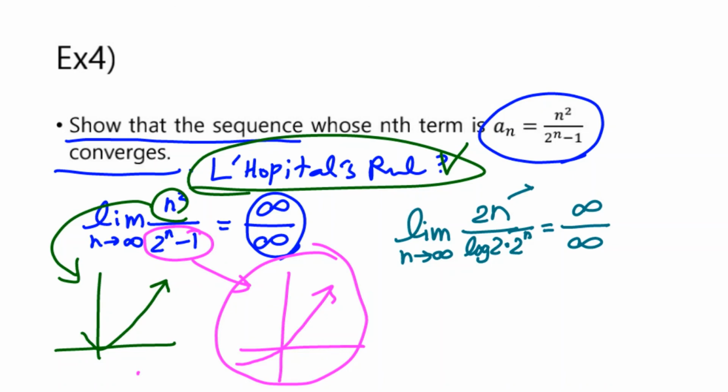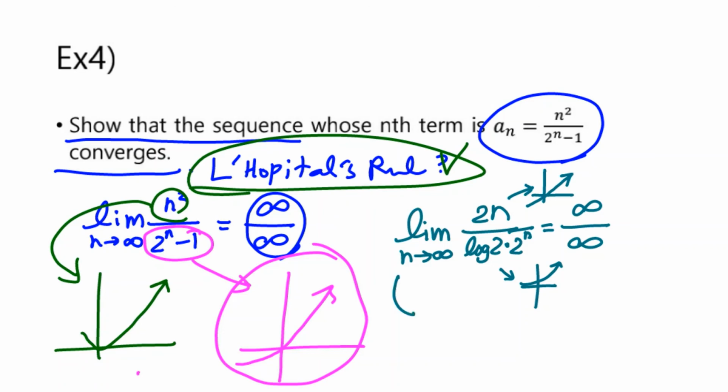The numerator is linear, and the denominator is exponential, so I'm pretty sure the denominator goes faster, but let's apply L'Hopital's rule one more time.